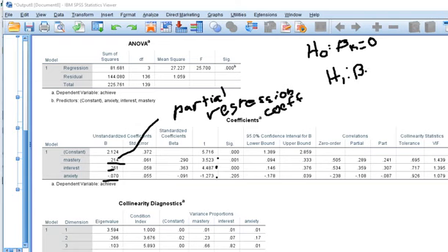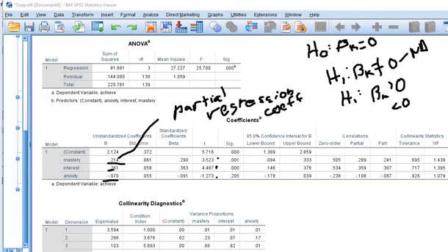For the population regression coefficient for a given independent variable, we can have a non-directional hypothesis, meaning that the regression coefficient is not equal to 0, or we could say that a given regression coefficient is going to be greater than 0 or less than 0. So just keep in mind that this right here would be a case of a non-directional hypothesis. And with a non-directional hypothesis, you're using a two-tailed test.